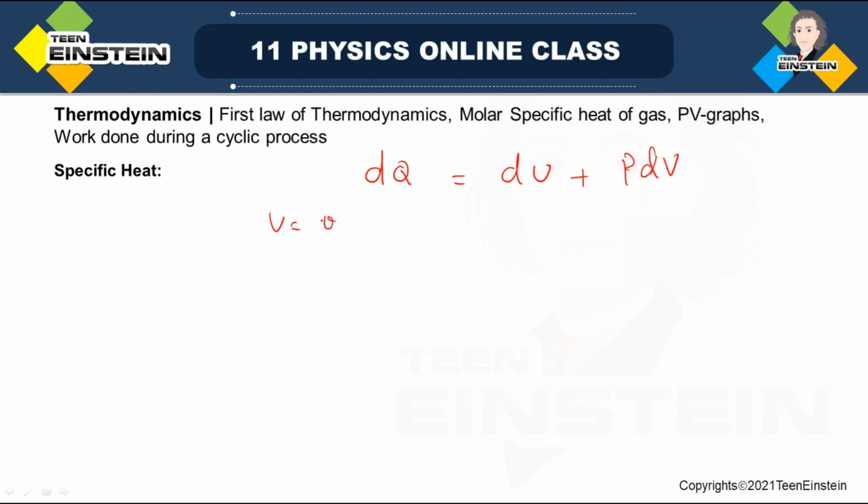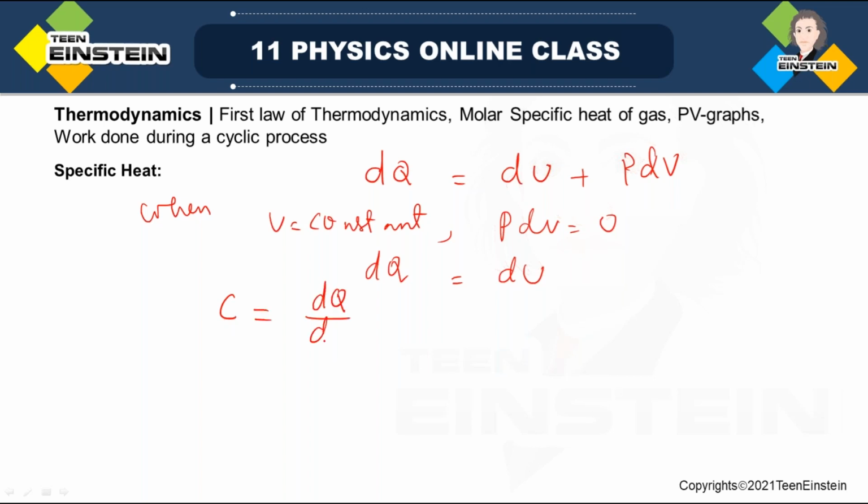So when v is constant, this p dv term will be 0. dq will be du. And according to the definition of specific heat, C is equal to dq by dt, the amount of heat required to change the temperature by unit degree centigrade.